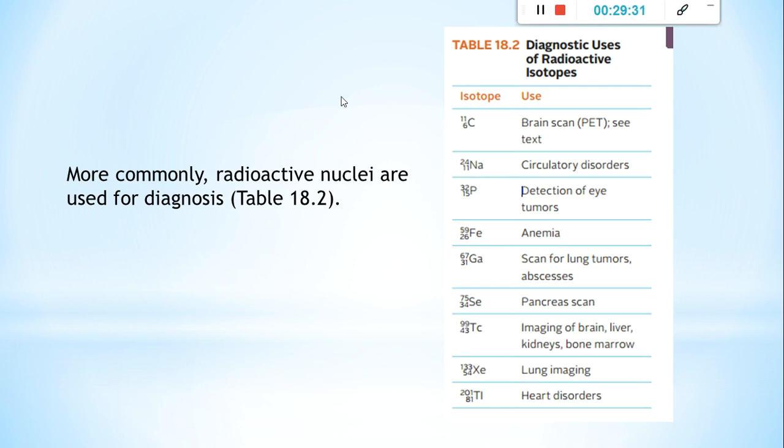So we have here carbon 11 for brain scan, sodium 24 for circulatory disorders, phosphorus 32 for detection of eye tumors, iron 59 for anemia, gallium 67 for scan for lung tumors and abscesses, selenium 75 for pancreas scan, technetium 99 for imaging of brain, liver, kidneys, and bone marrow, xenon 133 for lung imaging, and thallium 201 for heart disorders.